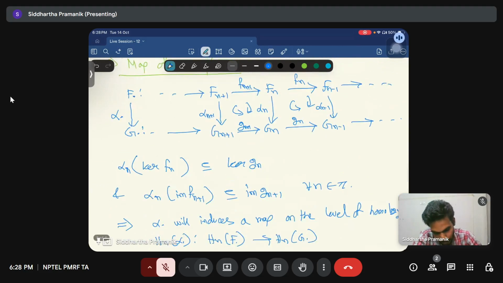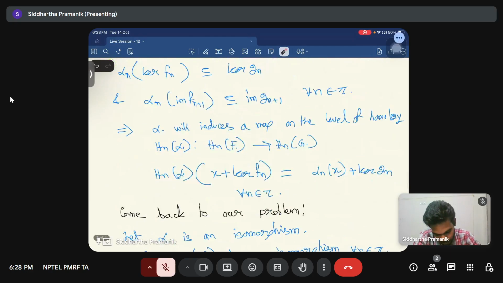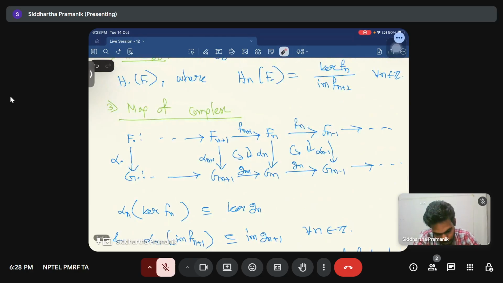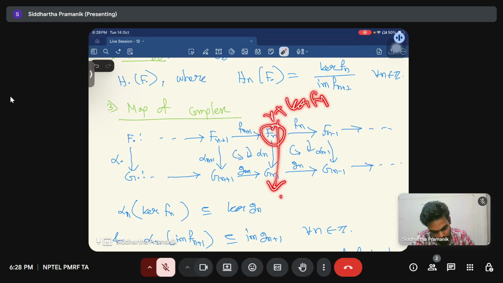So we are taking kernel of fn here, x plus kernel of fn maps here, which is alpha n of x plus kernel of gn.